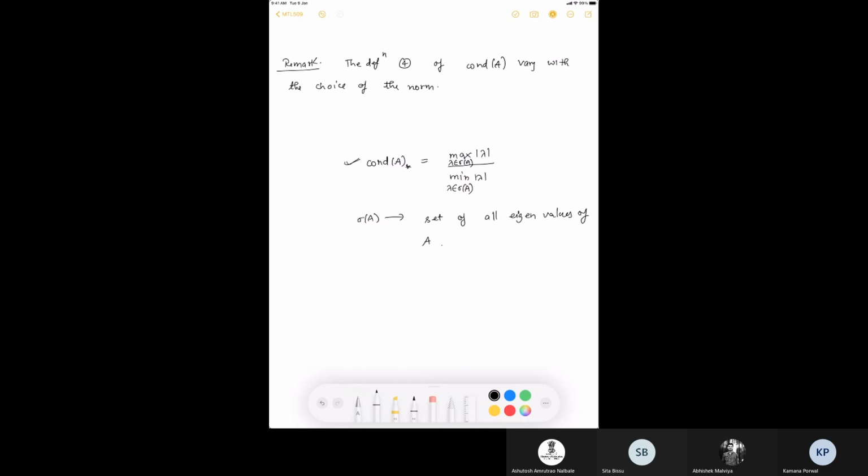I'm not saying that these two, this condition number and the definition we have seen before, are the same. One can prove that this is always, so let me write here.